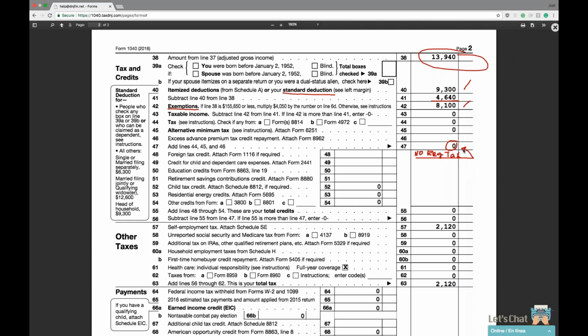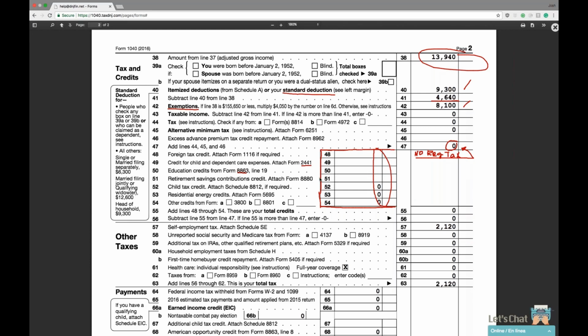Okay, perfect. So that's a good thing, right? And check this out. Since you don't have any regular tax, if you had any credits right here, they would also be zero. So for instance, if you try to apply the 8863, it would be zero. If you try to apply the 2441, it will be zero. If you try to apply anything else, the only thing you will see here is zero, because your line 47 is zero.